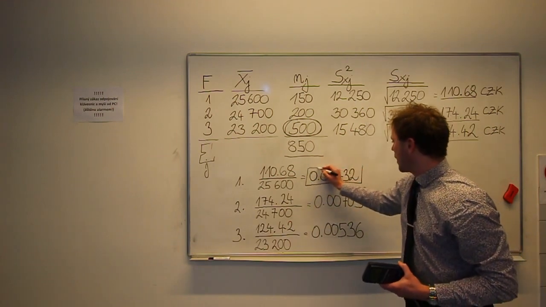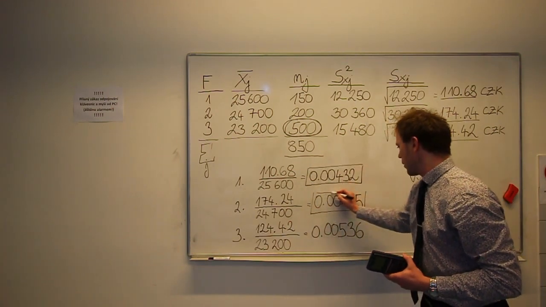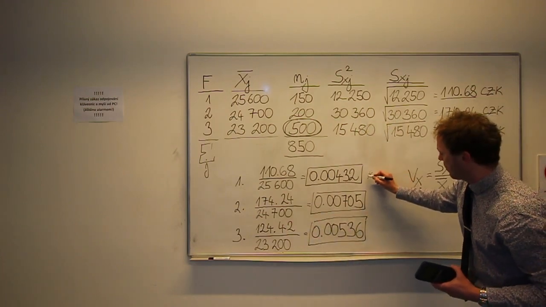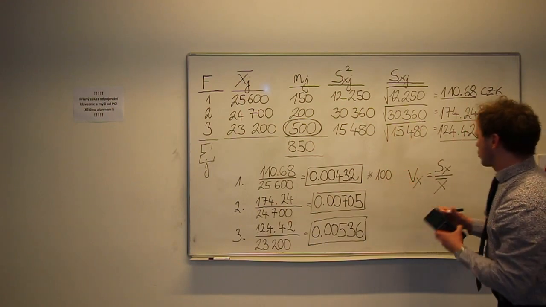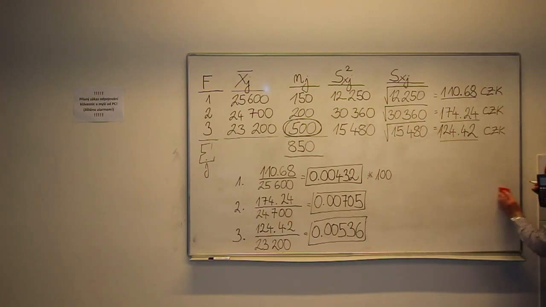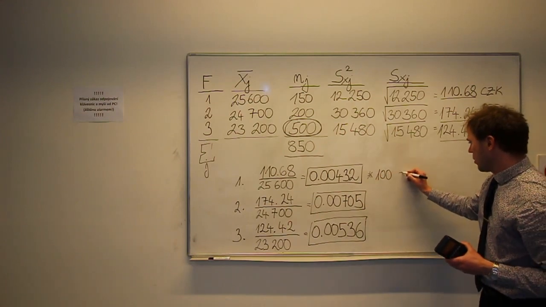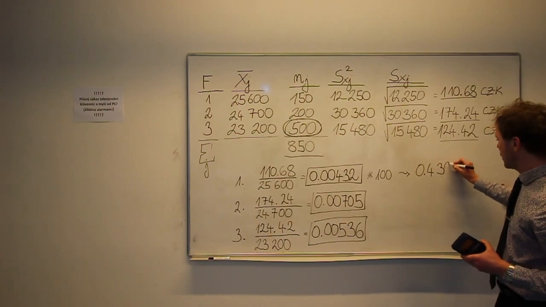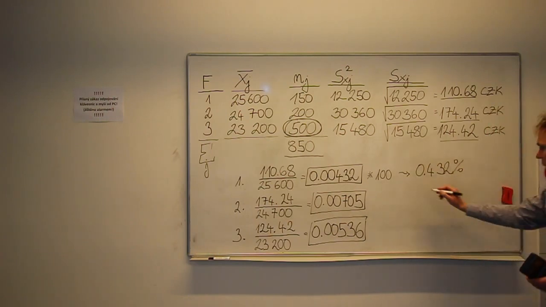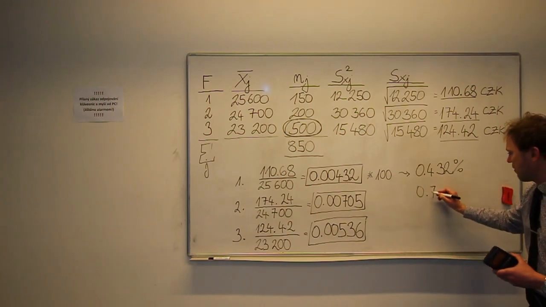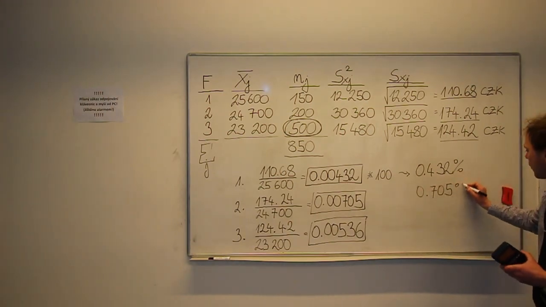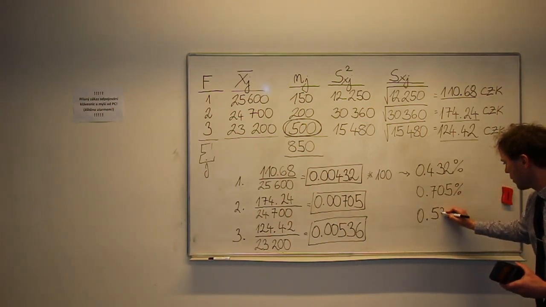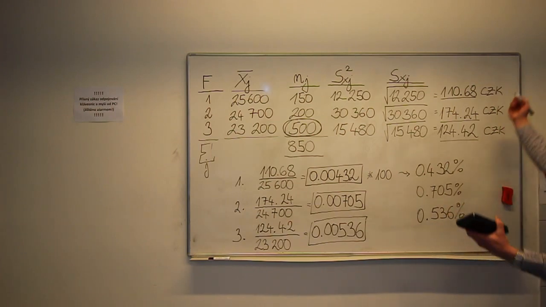So we have three individual variation coefficients which can be multiplied by 100 and interpreted in percent: 0.432%, 0.705%, and 0.536%.